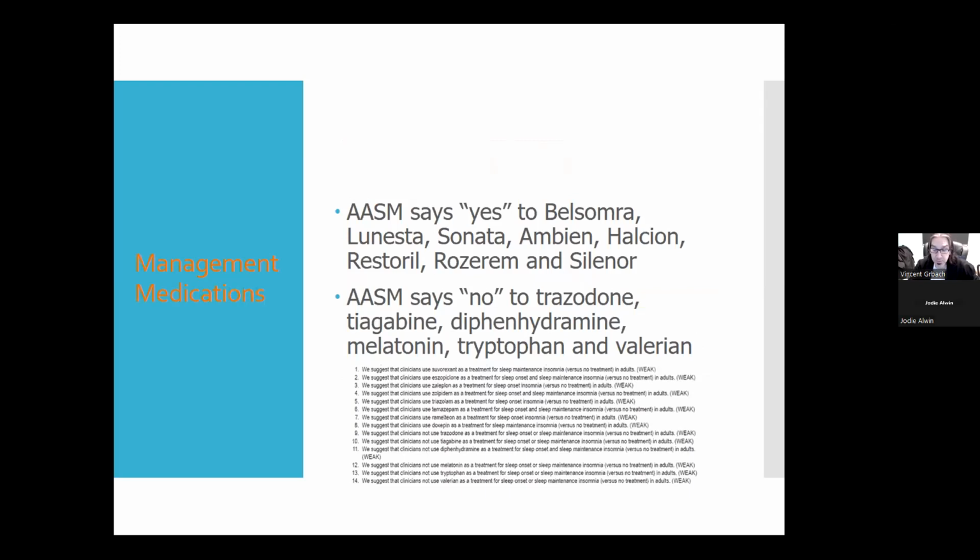And the evidence-based medicine isn't that great, really. For that reason, they say trazodone shouldn't be used, melatonin, diphenhydramine shouldn't be used. But they do say yes to most of, or really all of, the FDA-approved medications that we use in the classes that we're going to speak to a little bit more in a minute.